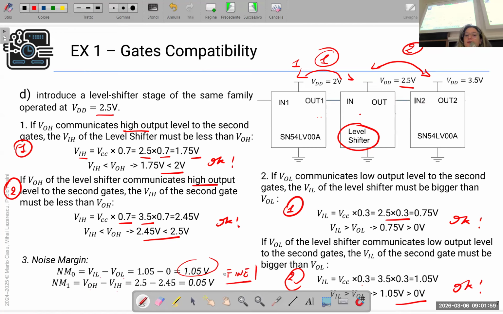There is now compatibility between these two gates thanks to the level shifter, which is just another NAND gate applied between them, which operates in a middle case, and can make the two gates compatible. Okay, are there problems here? Yes, please.